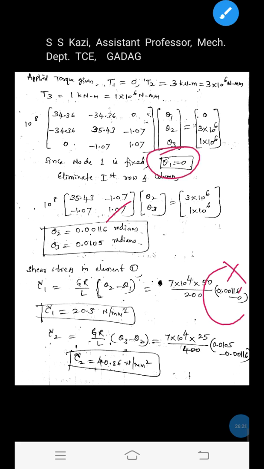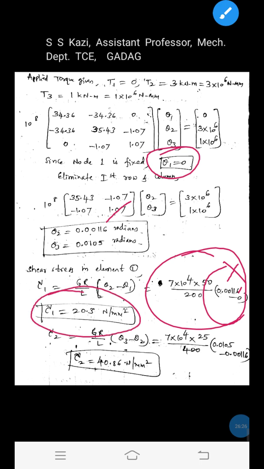You substitute, and if you calculate this expression, you will get tau 1, shear stress in element 1, as 20.3 Newton per mm square of shear stress induced in the element 1.